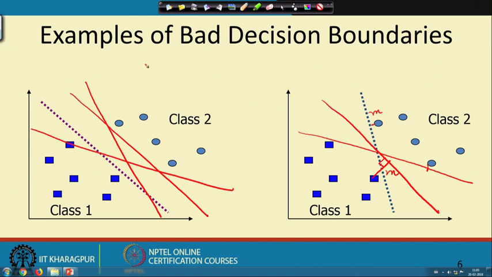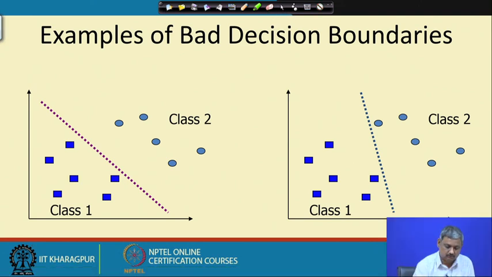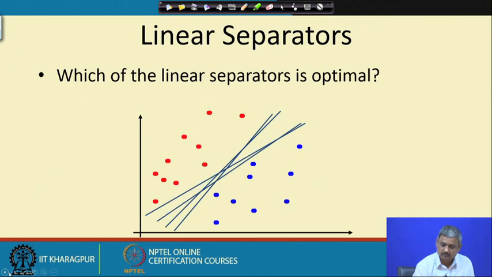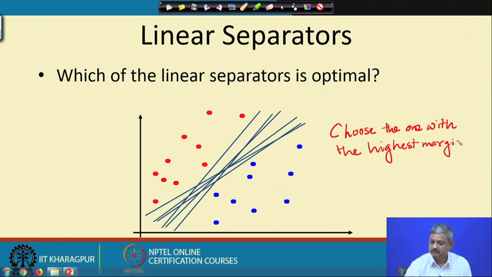So, let me come back to this example. Among all these possible lines, we want the highest margin.